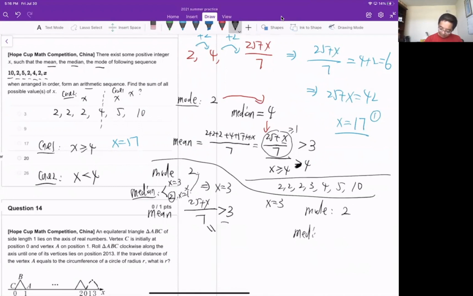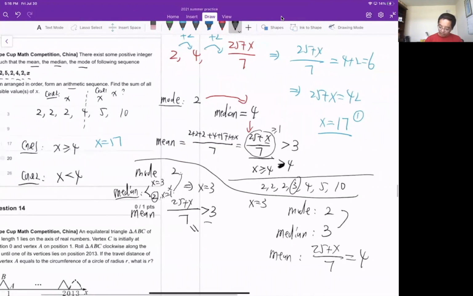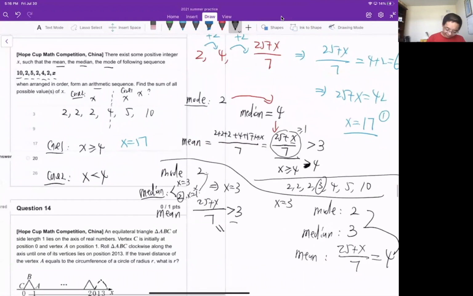The median for this case is 3. And the mean, we know it's (25 plus x) over 7, which is 4. So we have 2, 3, 4. Great, this is an arithmetic sequence. So for this case, we get x equals 3.